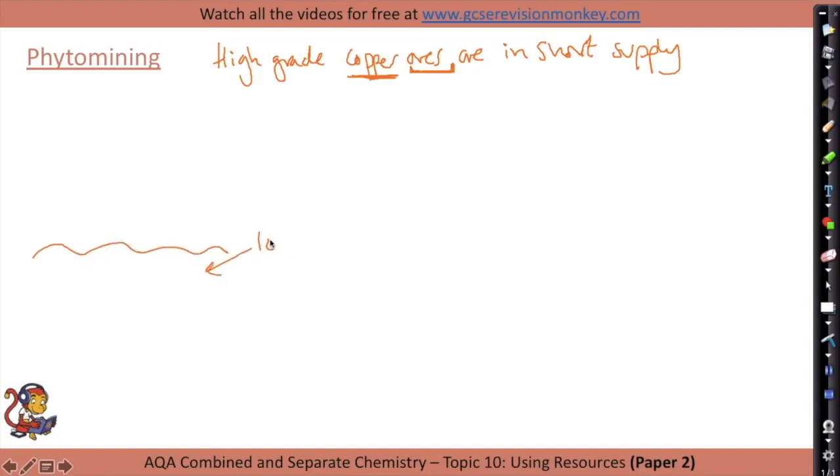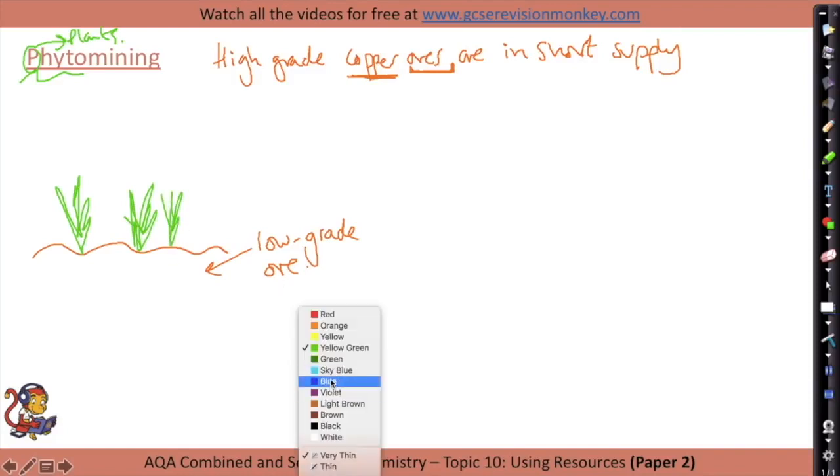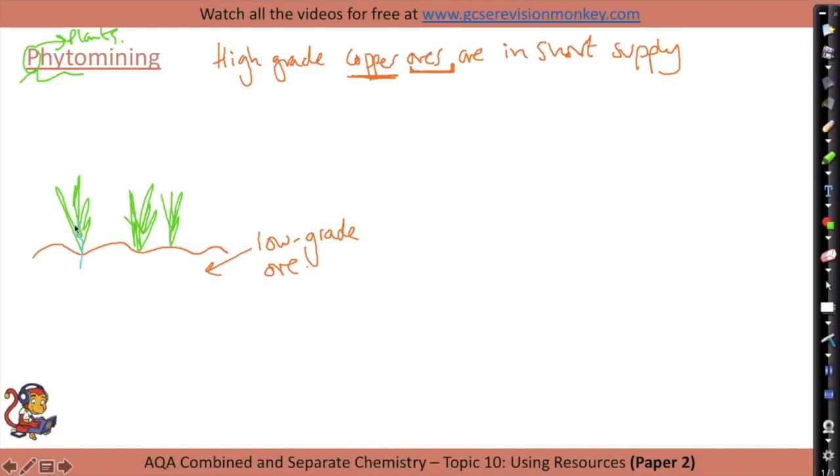So if we have some rock here that has a small percentage of copper in it, we'd call that a low-grade ore. And what we would do is we would grow, in the phytomining process, P is for plants, we would grow plants on the low-grade ore, and those plants would take up the copper compounds through their roots.